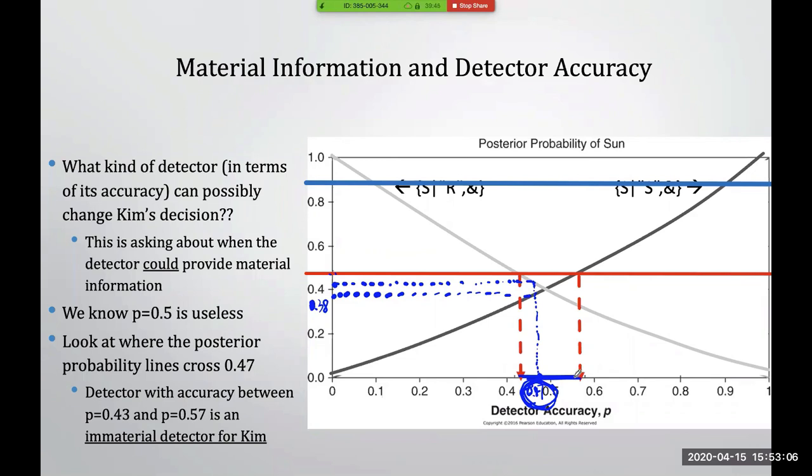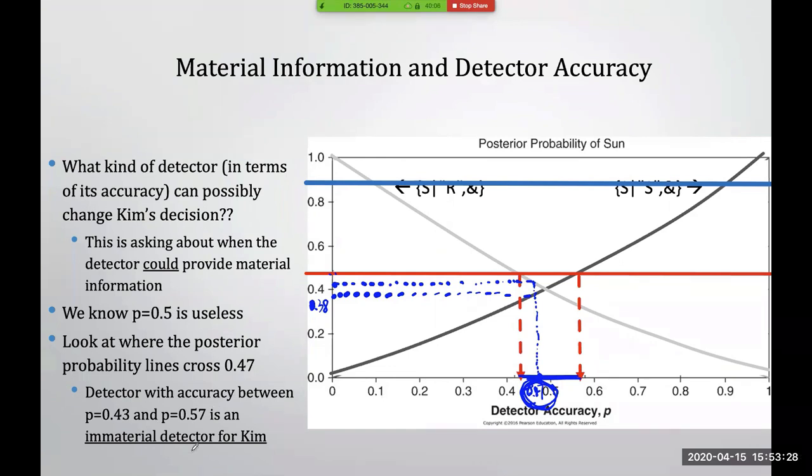So the information provided by a rain detector with an accuracy between 0.43 and 0.57 is immaterial information. Those detectors are immaterial detectors for Kim when we're looking at the party problem.